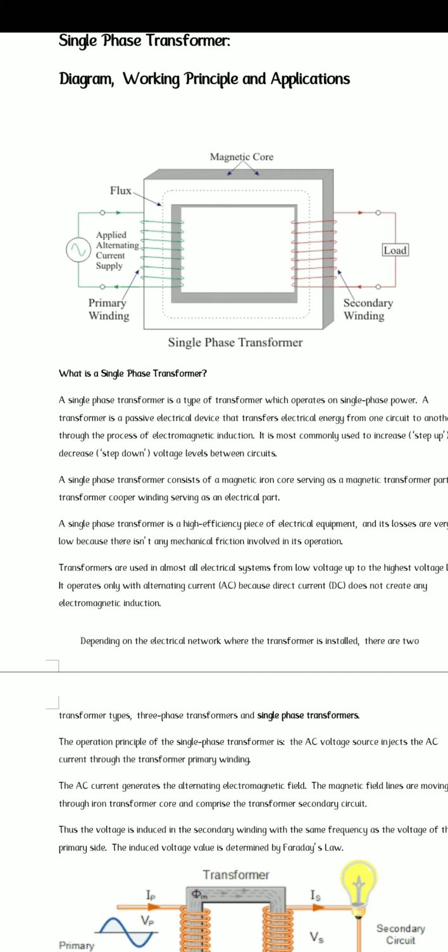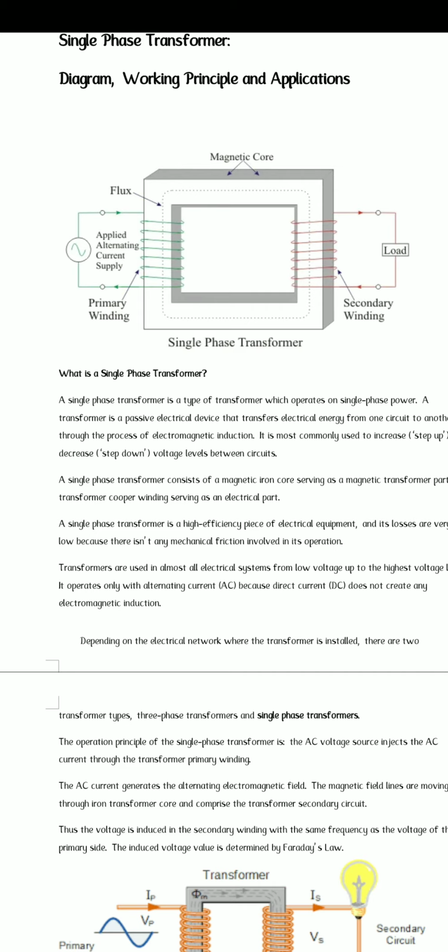The magnetic core transfers the magnetic flux from primary to secondary. When that magnetic flux cuts the secondary winding, the secondary winding produces some amount of EMF. We can collect that EMF and give it to the load, such as a lamp, fan, TV, whatever it may be, according to your usage application.